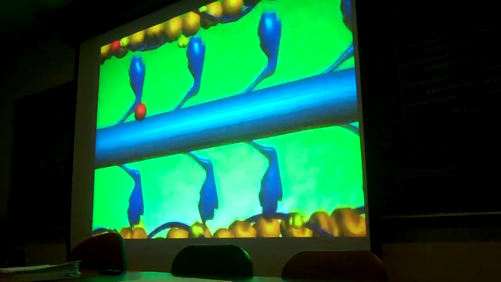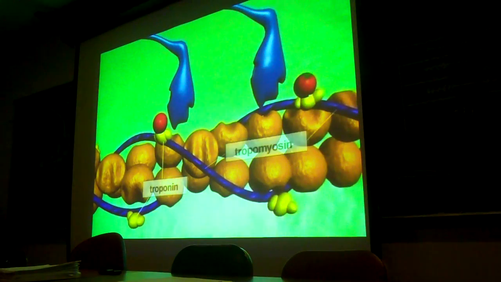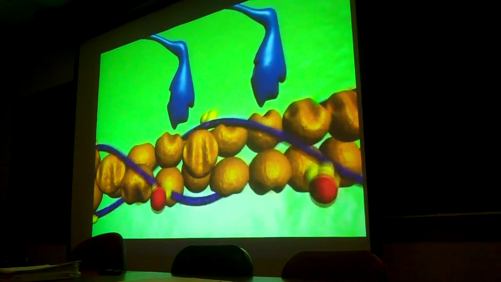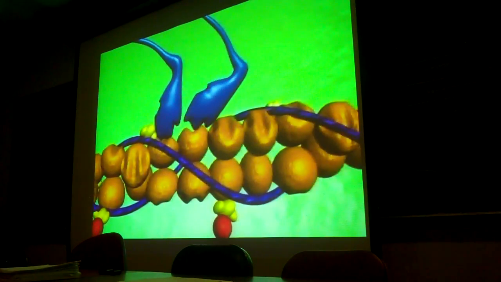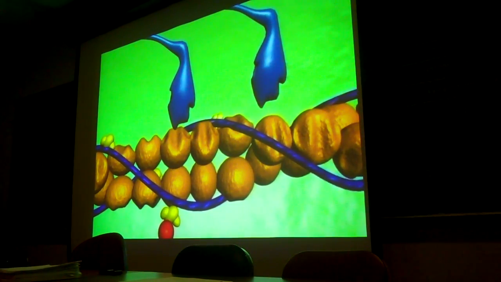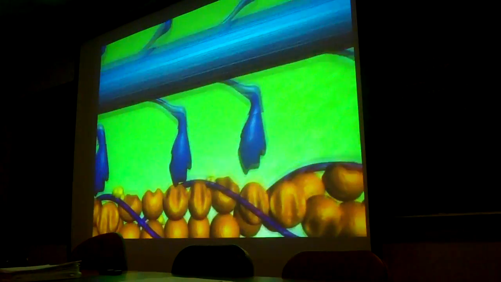Calcium then binds to troponin, resulting in movement of the tropomyosin-troponin complex away from myosin binding sites on actin. The contraction process continues as long as action potentials continue to reach the neuromuscular junction, thereby keeping the concentration of calcium elevated around the myofibrils.